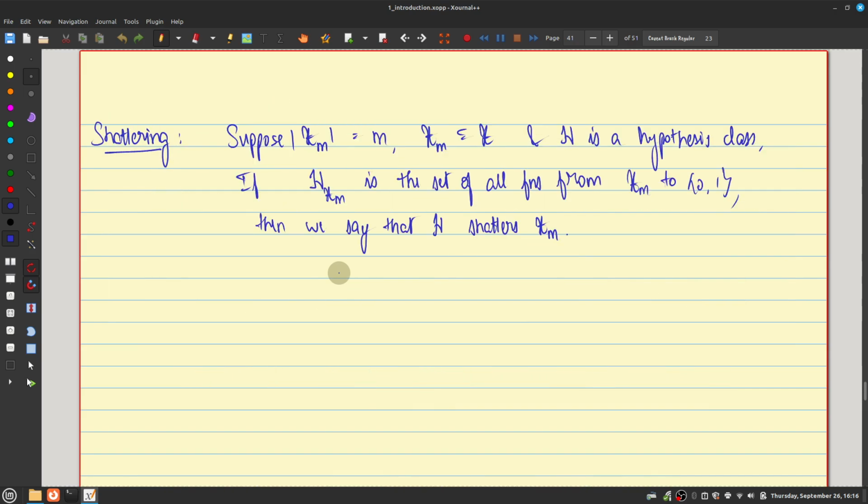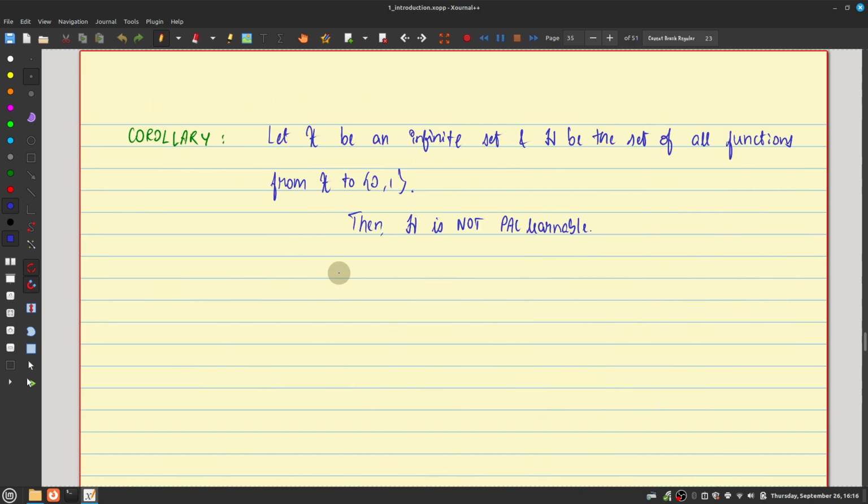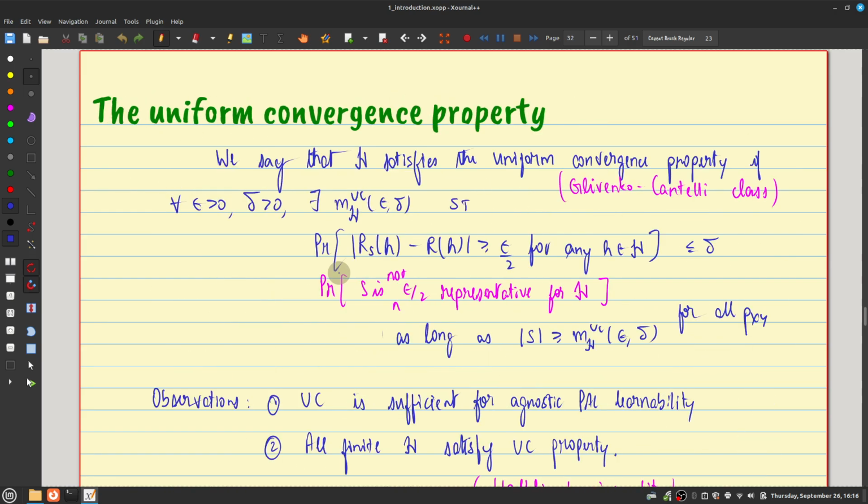Uniform convergence, okay. Essentially, a particular hypothesis class satisfies the uniform convergence property if, loosely speaking, the empirical risk is close to the generalization error for all the hypotheses in your hypothesis class.